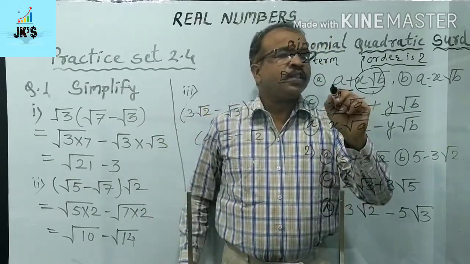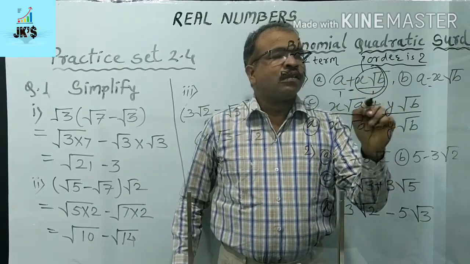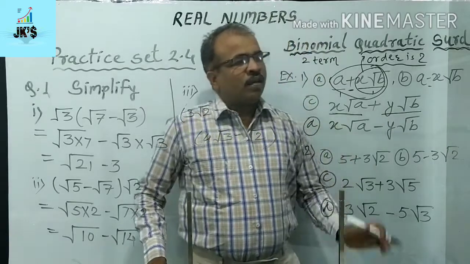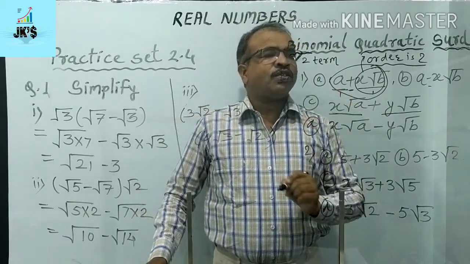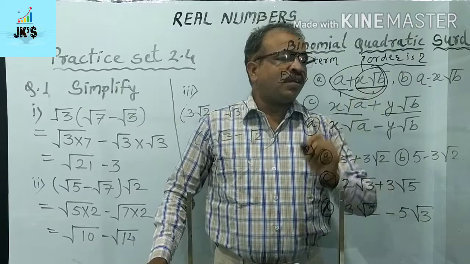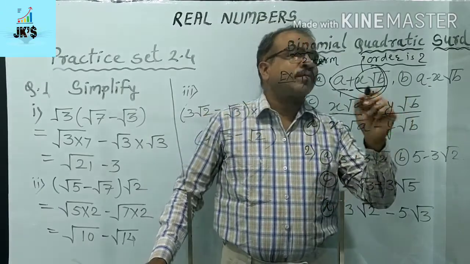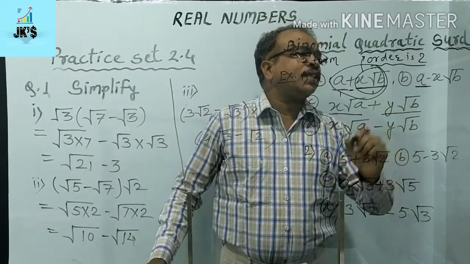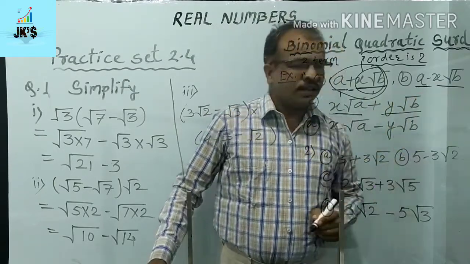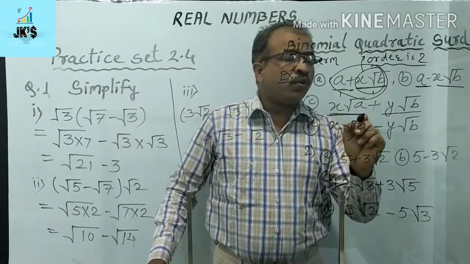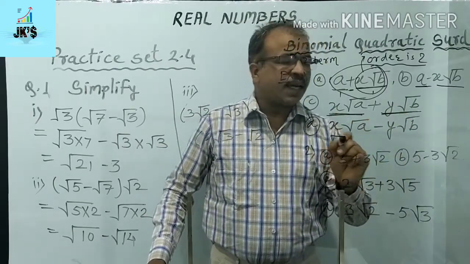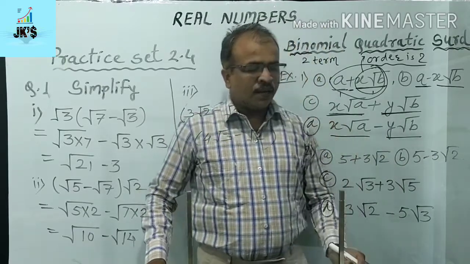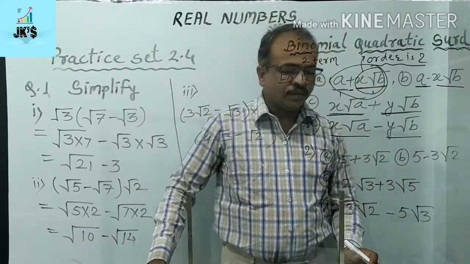Then this is known as a binomial quadratic surd. Addition or subtraction between a non-zero rational number and a quadratic surd, addition of two quadratic surds or subtraction of two quadratic surds are also known as binomial expressions.